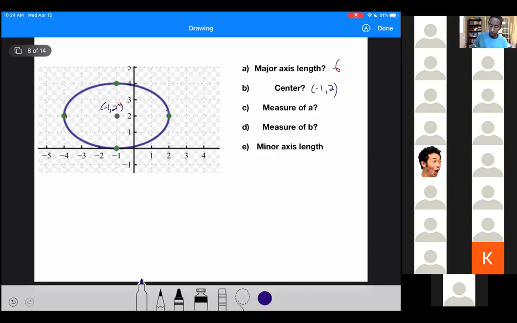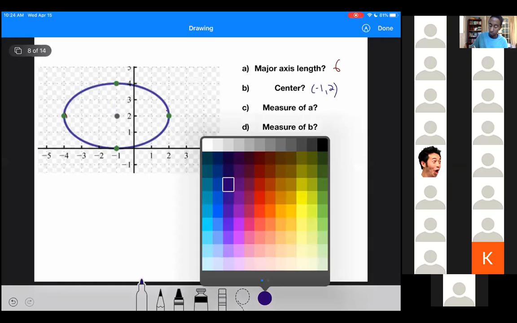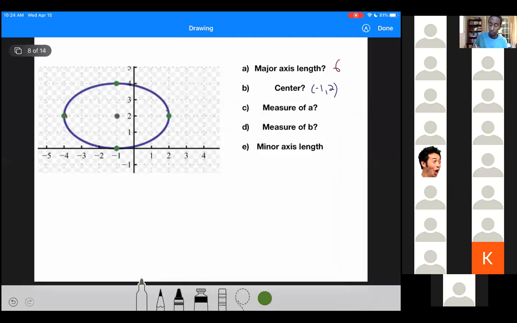The measure of A, Kevin? It's 3. Okay, good. Because it is half of the major axis, you could divide this by 2, or you could just look at it visually.